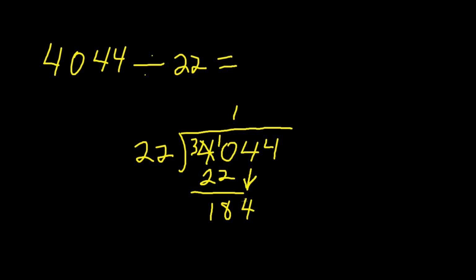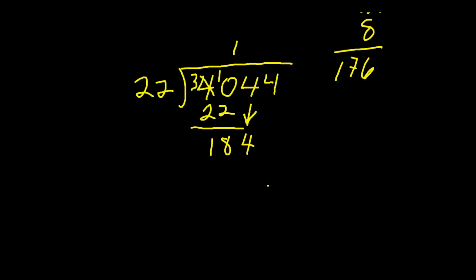So how many times will 22 go into 184? Well, let's try off the side here a little bit, and we'll do some math. Let's try 8. So let's say 22 times 8. 8 times 2 is 16. 8 times 2 is 16 again, plus a 1, so 176. 176 would go into 184.